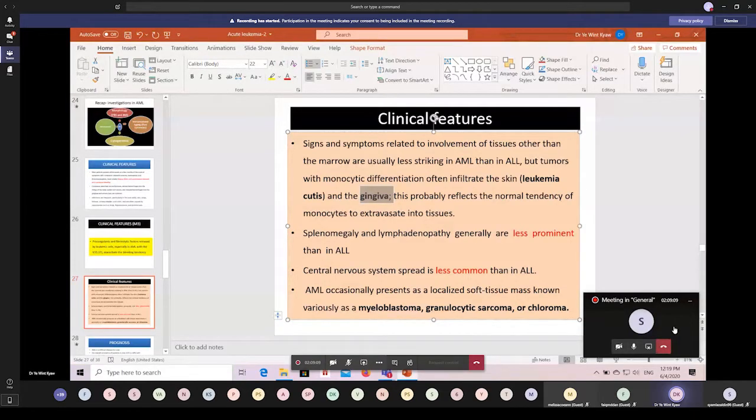Which organ is common in ALL? CNS involvement is more common in ALL, and less common here. You need to differentiate. Another one I read from some books: testis involvement is common in ALL. CNS is common in ALL.